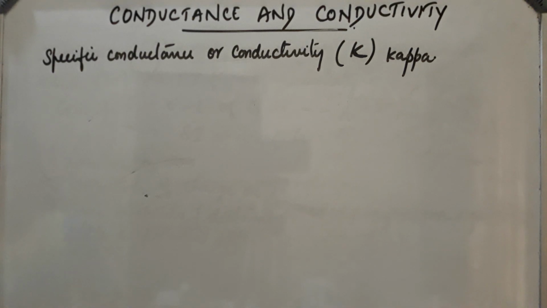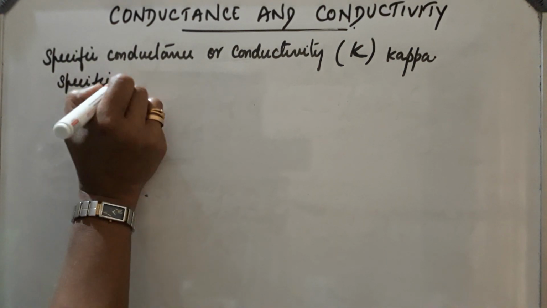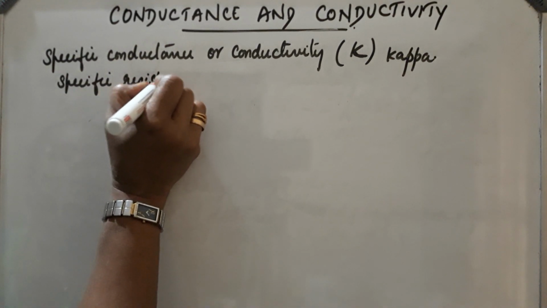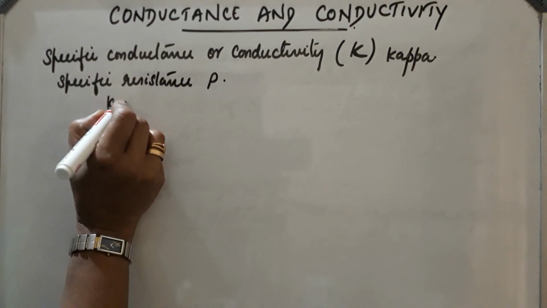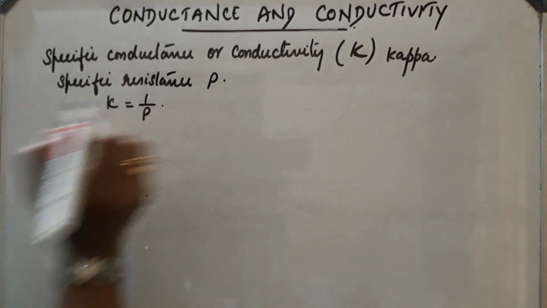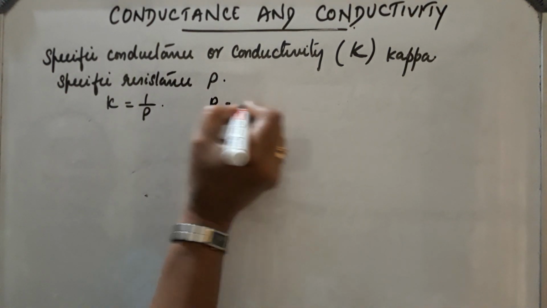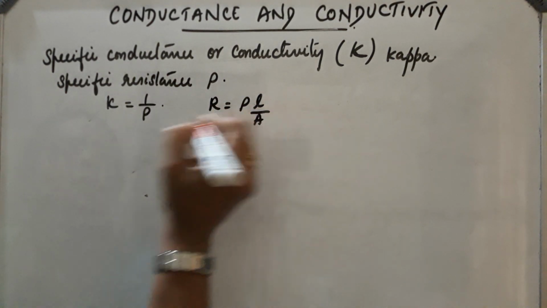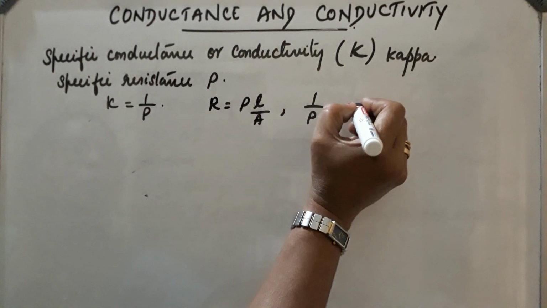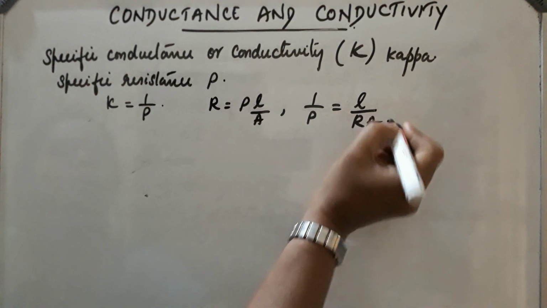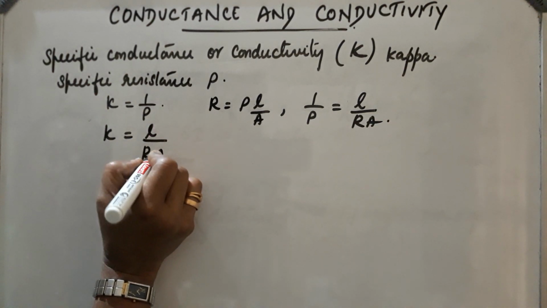Now, we know specific resistance is denoted by rho, and specific conductance kappa will be equal to the reciprocal of rho. We know R is equal to rho L by A. So 1 by rho will be equal to L by RA. So we can write kappa equals L by RA.